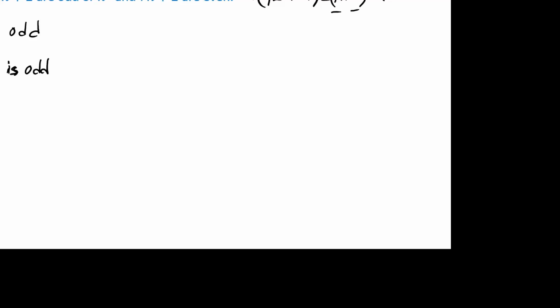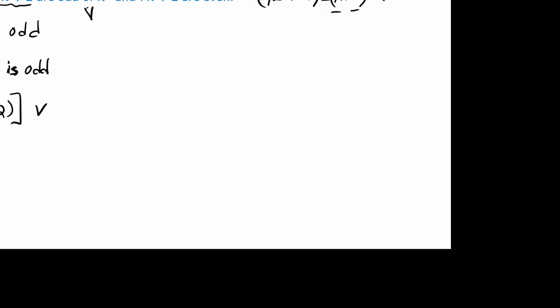Okay, so that would be this is odd and this is odd. Well, that follows because this would be where my or is. So what we have here is P and not Q. And then over here I have or.